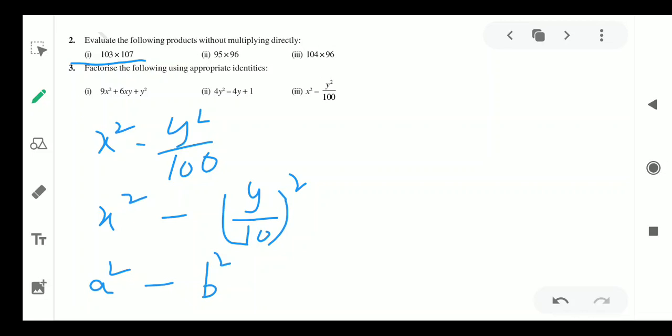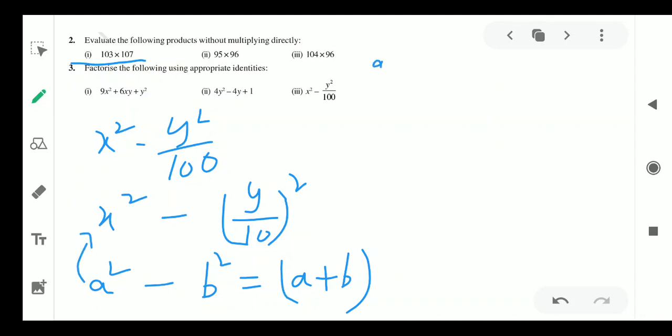That's why I told you before, you have to learn the formulas properly from this side and that side. So a square minus b square is equal to a plus b into a minus b. What is the a here?